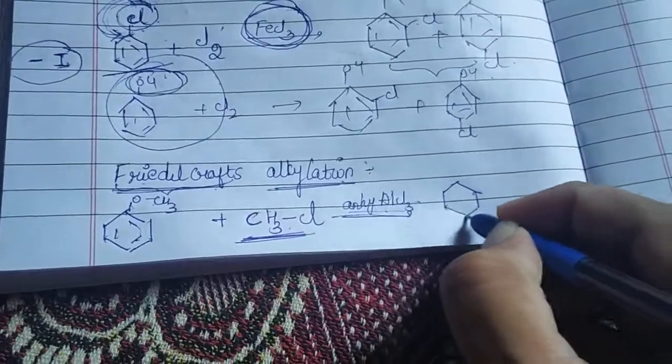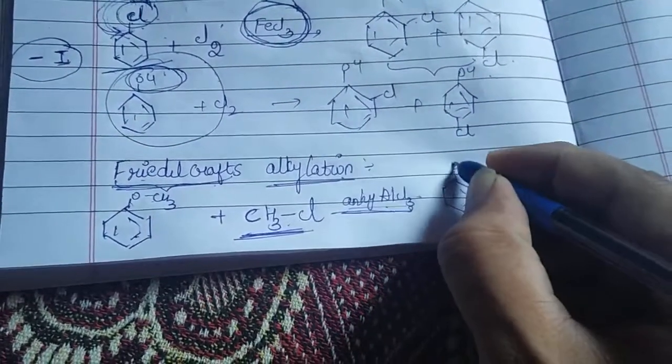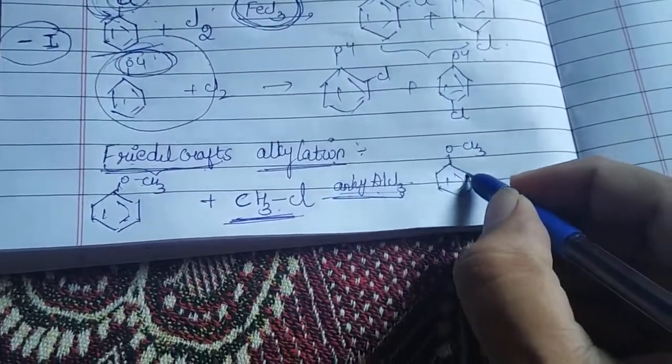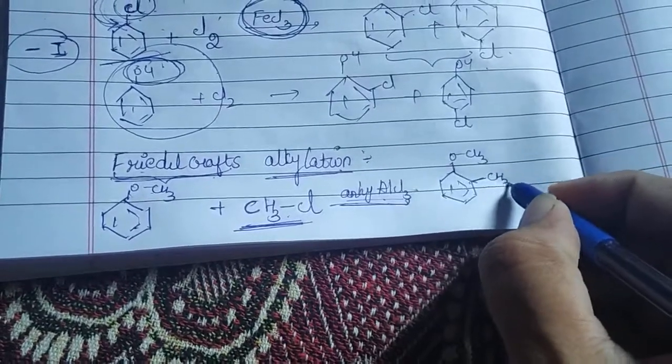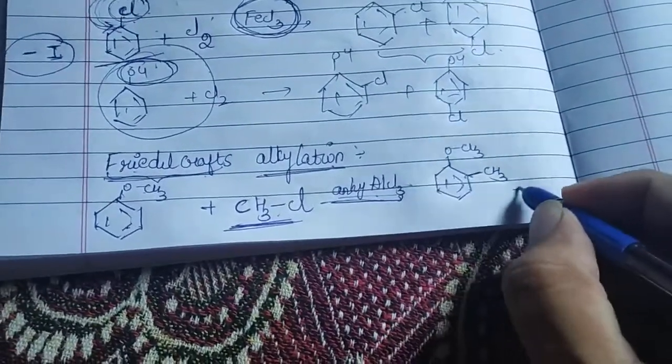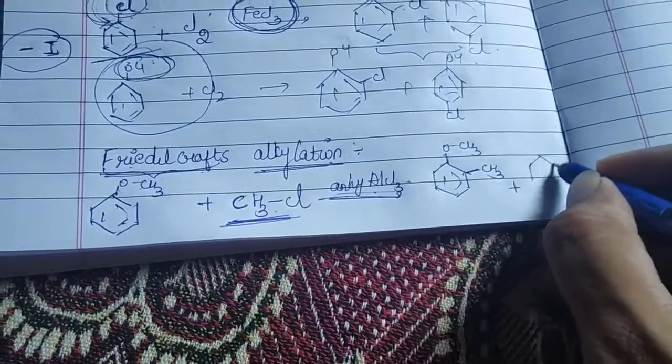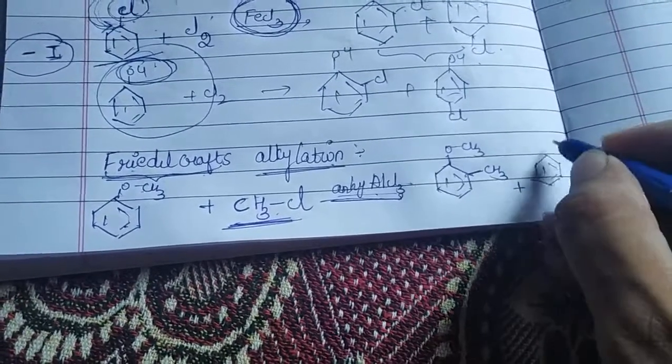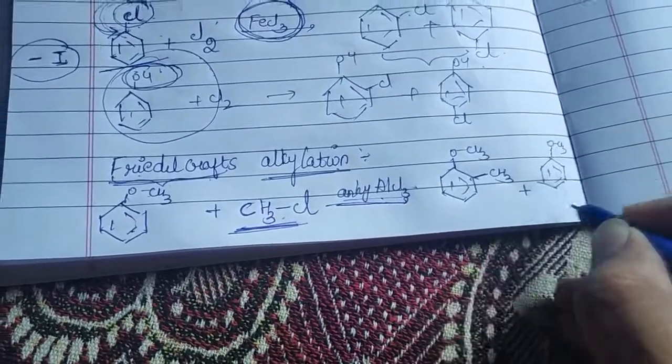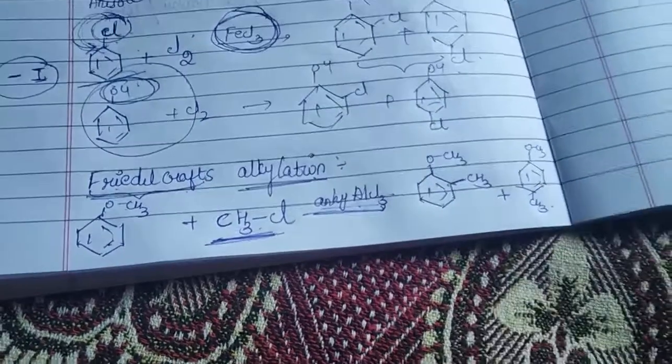So now what will you be getting over here? Here we will be getting OCH3, and CH3 as an electrophile. One will be at the ortho, another at the para position. OCH3, here CH3.